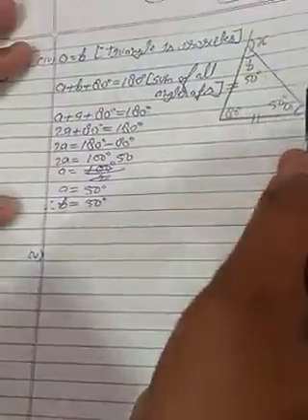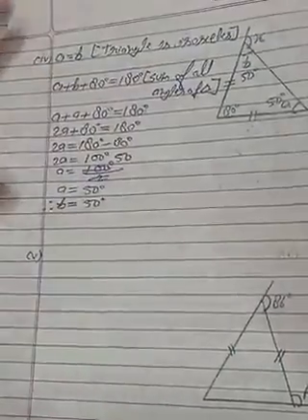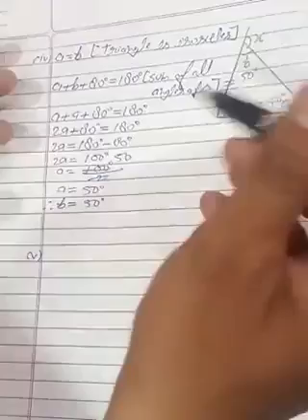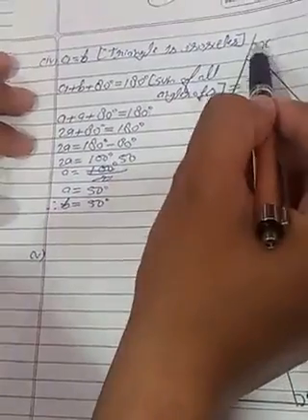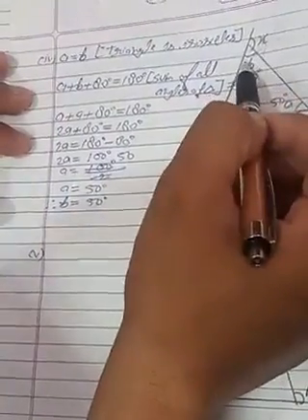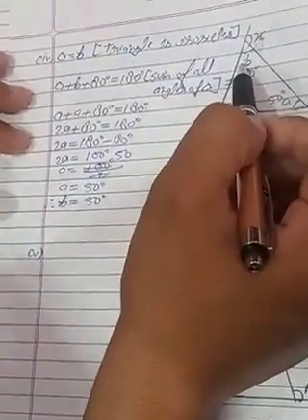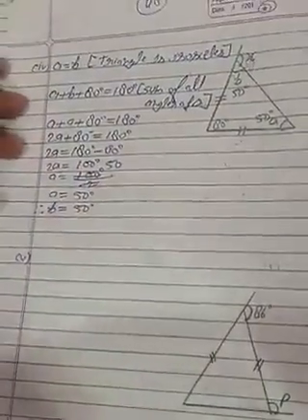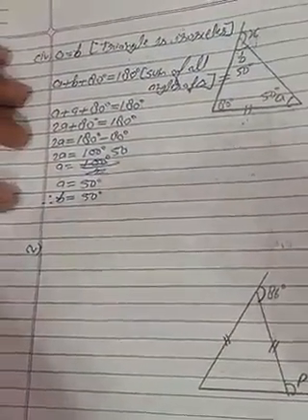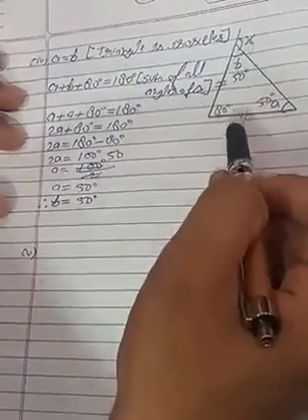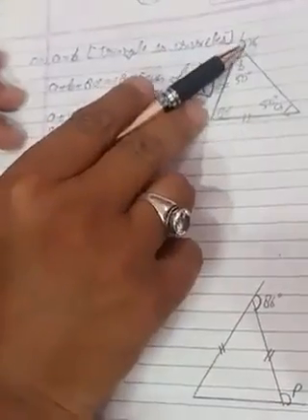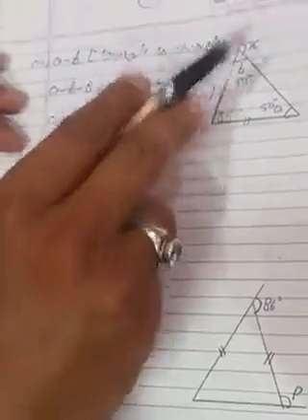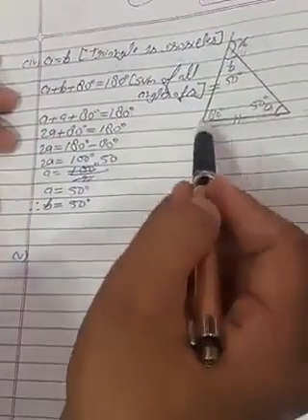Now students, we have to find the value of X also. So students, we can use angles on straight line property. Here this angle plus this angle is equal to 180 degree. We can use angles on straight line property also, or we can use interior exterior angles property also. You can see here this angle is exterior angle, then opposite interior angles are this and this.